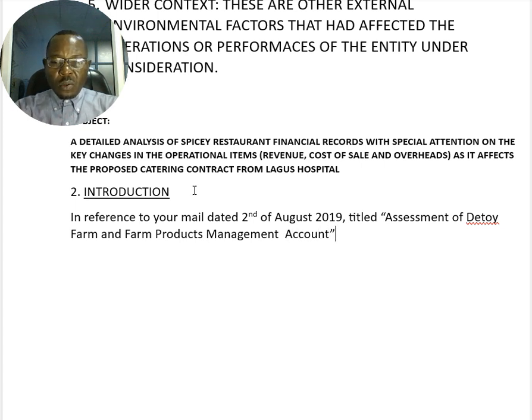and a review of the proposed supply contract.